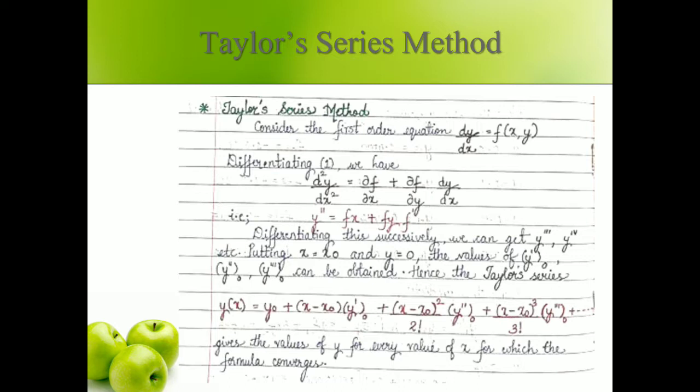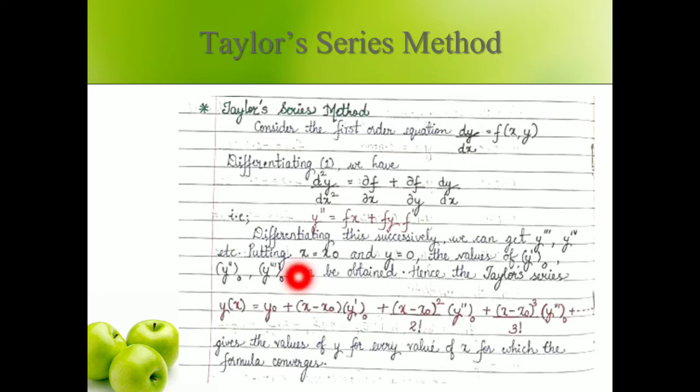Hence the Taylor series goes like this. y of x equal to y naught plus x minus x naught y dash naught plus x minus x naught the whole square divided by 2 factorial y double dash naught plus x minus x naught the whole cube divided by 3 factorial into y triple dash of naught, and so on, gives the values of y for every value of x for which the formula converges.